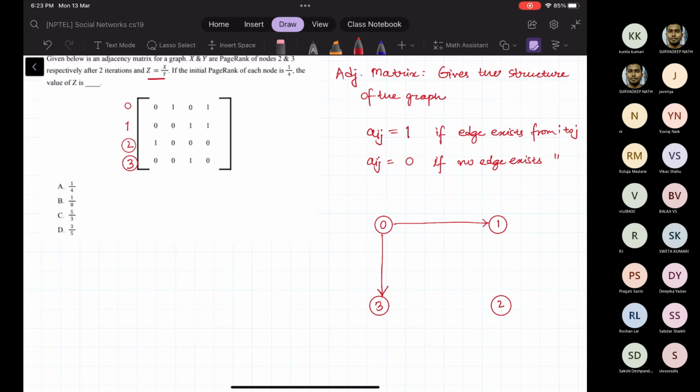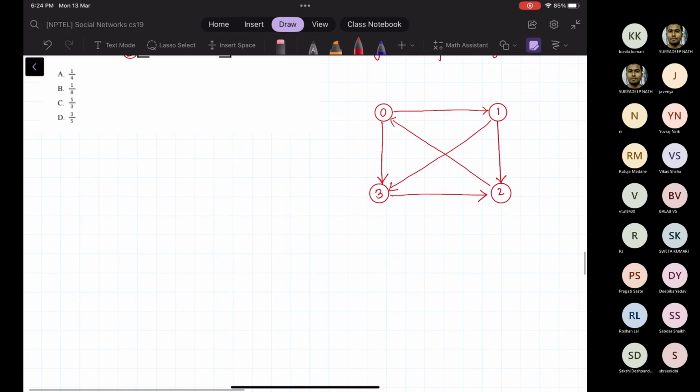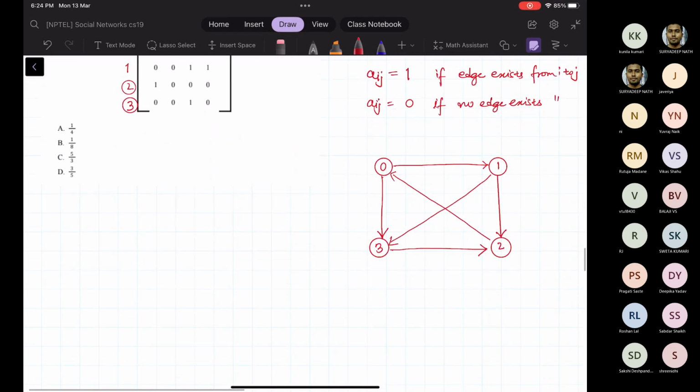For node 1, there is an edge from 1 to 2 and 1 to 3. For node 2, there is one edge going to node 0, and for node 3, there is one edge going to node 2. So this is the structure of the graph that you get from this adjacency matrix.